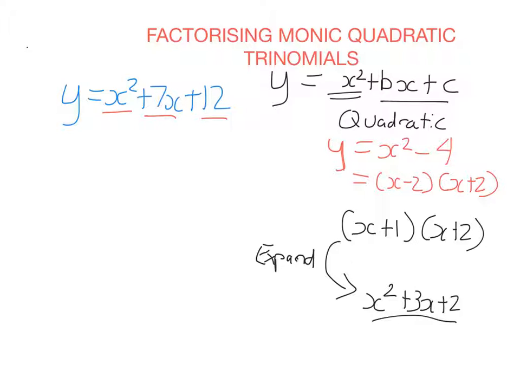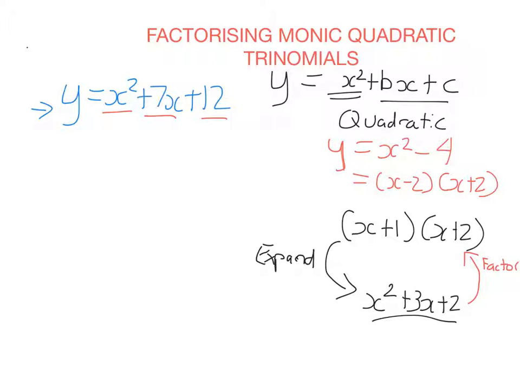So that, of course, means when you factorize a quadratic trinomial, remember that's going in the opposite direction. We want to end up with brackets. Then what we're doing is ending up with two terms in brackets, okay? So because of that, I'm now going to go over here and do this question.